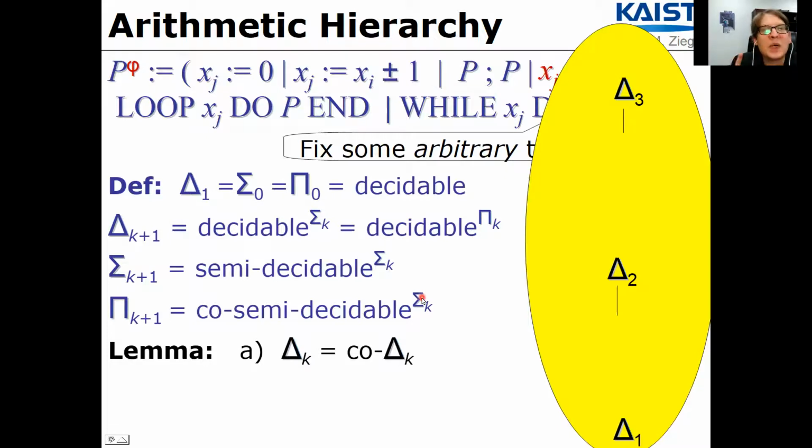Okay, and one question that I hope you're raising is, why is it in both cases sigma k? Wouldn't you expect here pi k as opposed to sigma k? Who is asking that question? Nobody?